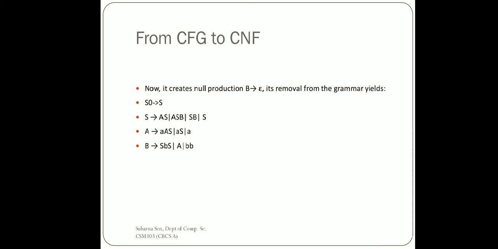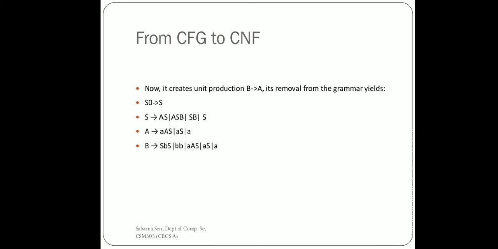Now we have to focus on what the unit productions present here. First one is capital B can derive capital A, right? So what can we do? We can replace whatever A is producing in place of capital A. So if you can see the previous slide, that B derived A. So what are the various possibilities that A can derive?